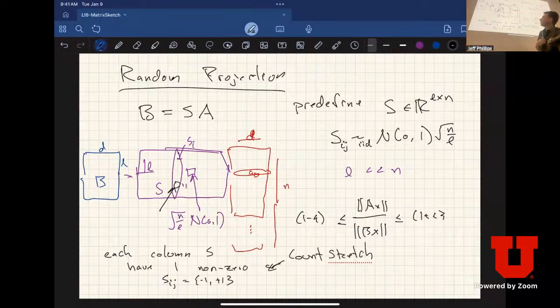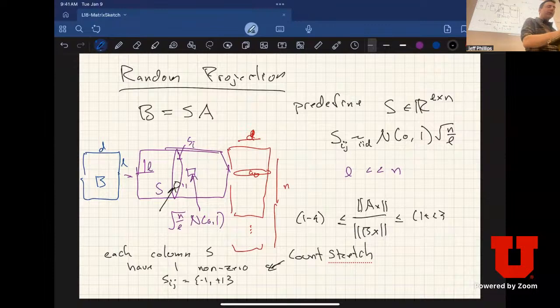If I had this right, yeah. So every entry AI is going to basically be hashed into one of the L rows of B. There are N of them, and the analysis works that, again, there are going to be some directions which are heavy, and I'm going to capture the heavy directions, and everything else is going to be approximately zero.